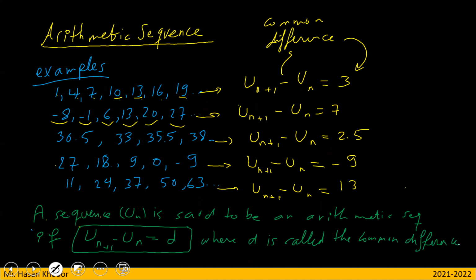So every time we want to indicate whether a sequence is an arithmetic sequence or not, I can look at the terms. If the difference between every two consecutive terms is fixed, the same answer, then we say that this sequence is an arithmetic sequence of common difference.